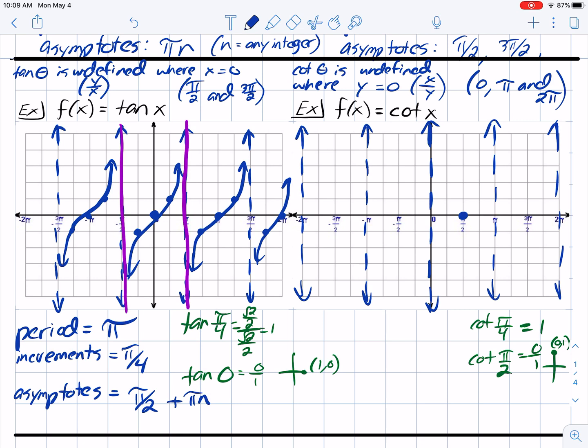And then let's be careful, because pi over 4 is still positive 1. So it's not going to look exactly the same as tangent. It's going to look like it's been reflected. And now when we go to 3 pi over 4, we'd be over here in quadrant 2, where the x is negative and y is positive, so we need to be negative. So our graph would look like this. Okay.